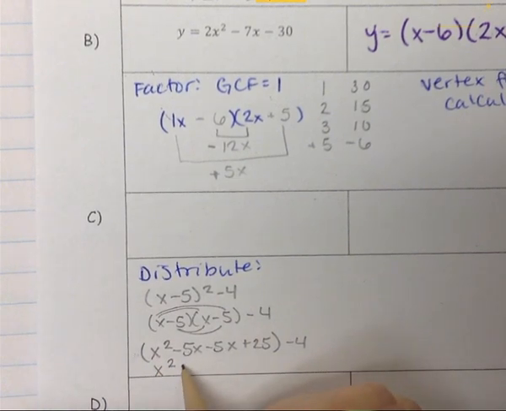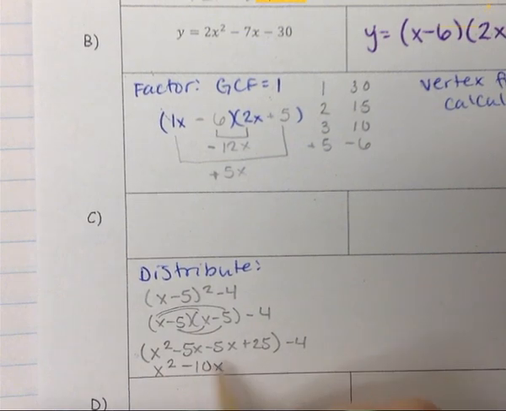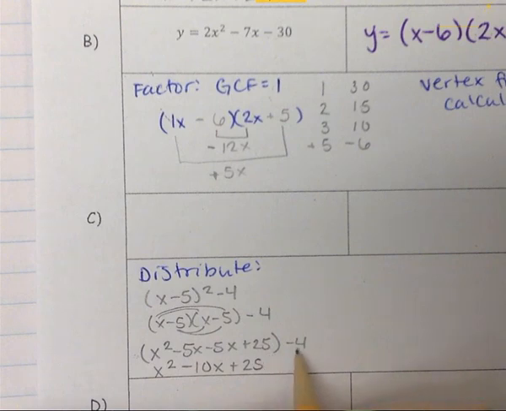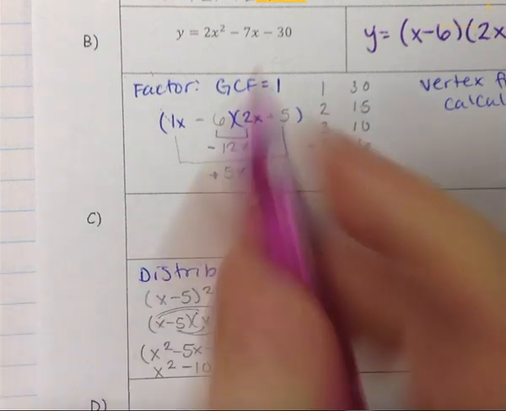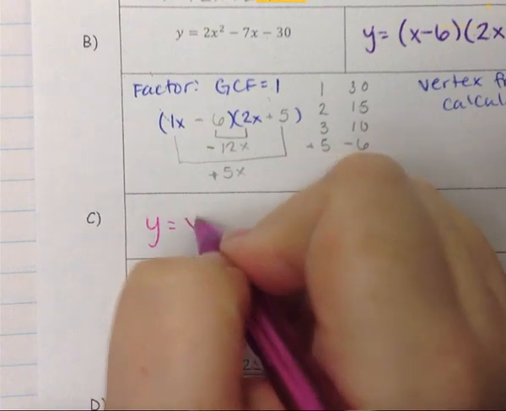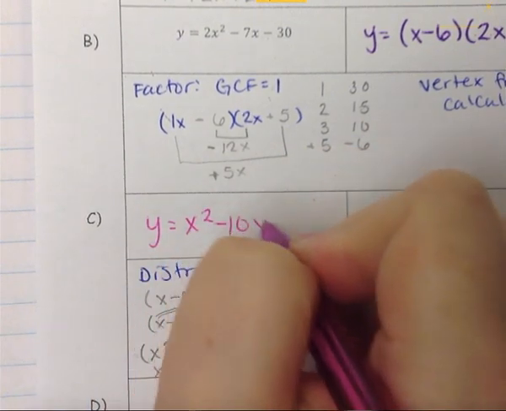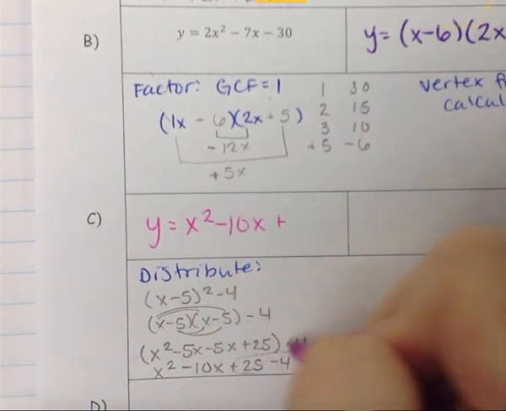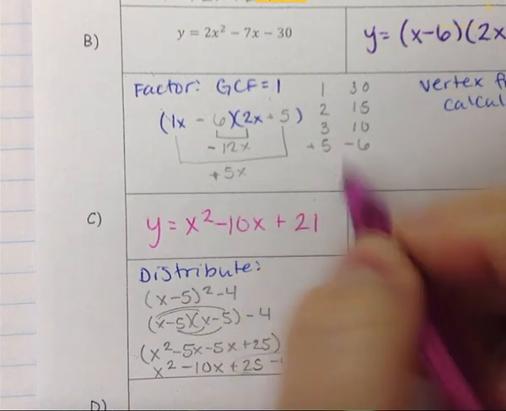That is a negative 10x. And then we'll have that 1 times 25 is plus 25. So the parentheses are gone, but we still have that minus 4 here. So we want to combine our like terms here. So our standard form will be y equals x squared minus 10x plus 25 minus 4 is 21.